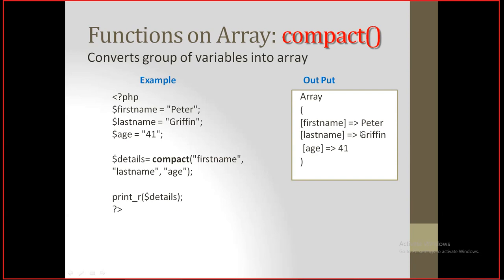Whatever array is created, we need to assign a name to it, so here we are naming that array details, for example. And then with the print_r function, we print the details array so that we get a readable format of that array. Simple.